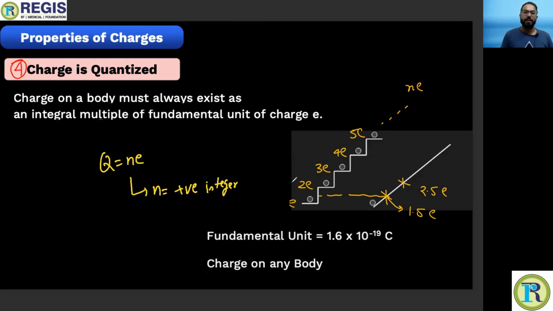Charge can't exist like plus 2.5e, plus 1.5e, or 3.79e. Clear? It's a very, very important property of charge.